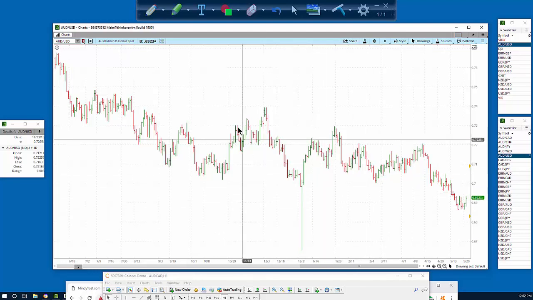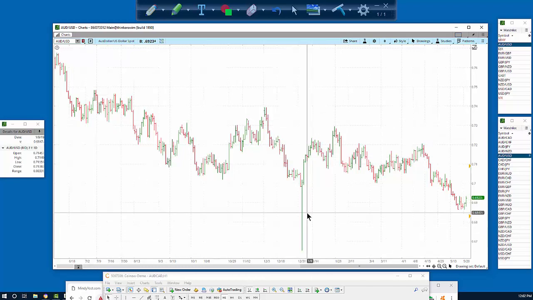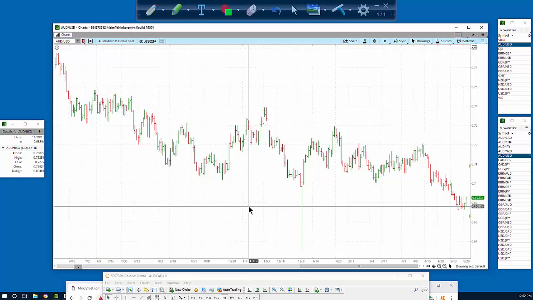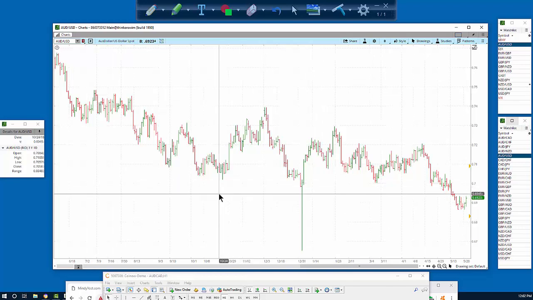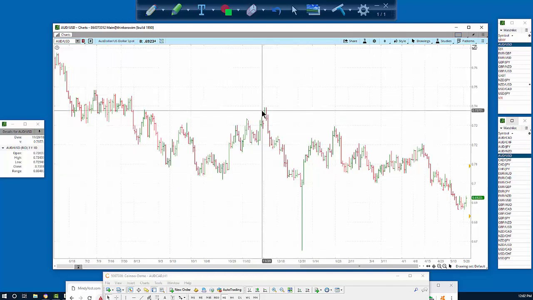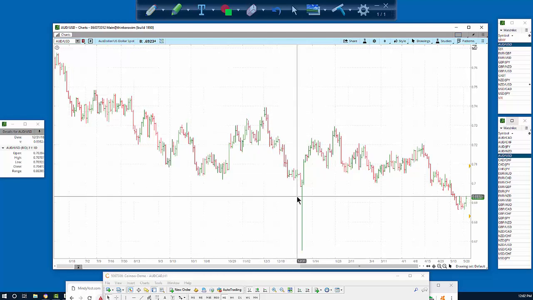But the thing about Forex charts, no matter what time frame the charts are, no matter what currency pair we're talking about, Forex charts can only do two things. Okay, they can move up and they can move down.